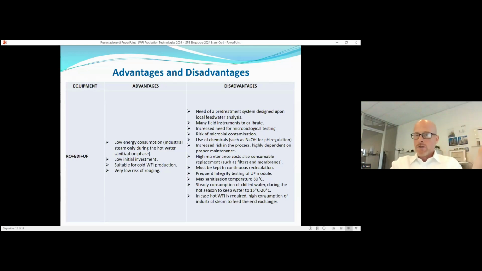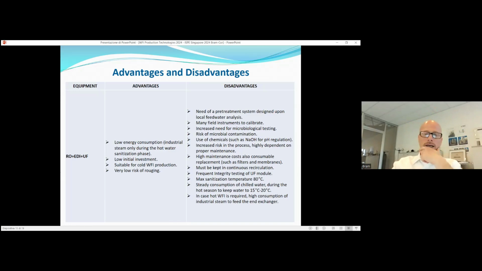There is the use of chemicals. I would like to say, again, because the flow is direct from the raw water to the WFI without a stop in the middle with the control, for example, through boiling, as it happens in the distiller. There are maintenance for consumables, replacement, filter membrane, etc.